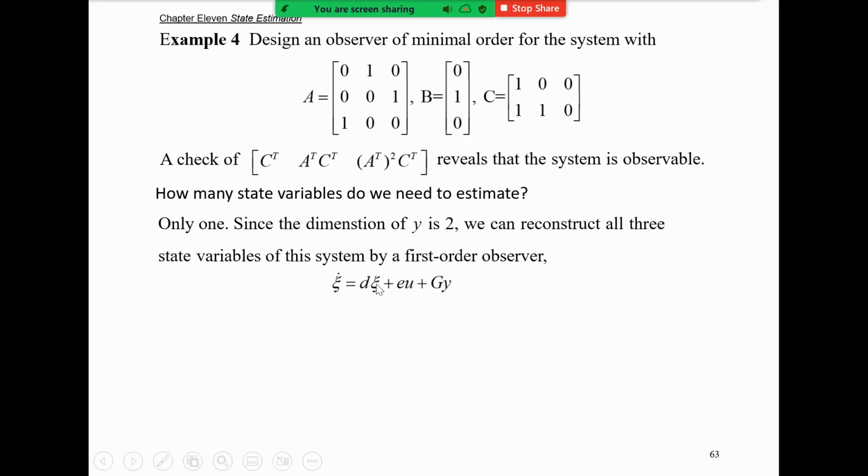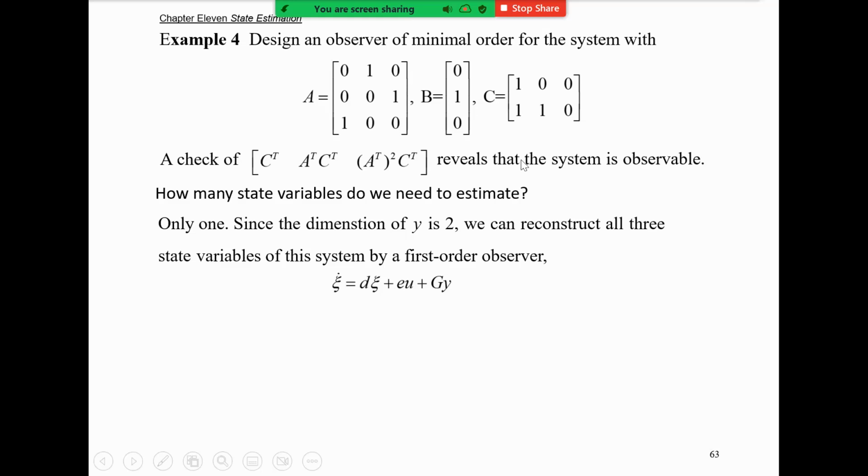C dot equals D C plus E times U plus G times Y. But remember, C is a scalar. So therefore, is D a vector or scalar? Look at the equation. C is a scalar, right? So therefore, D has to be a scalar. How about the E? We look at the input. Input is a scalar, so therefore E is also a scalar.